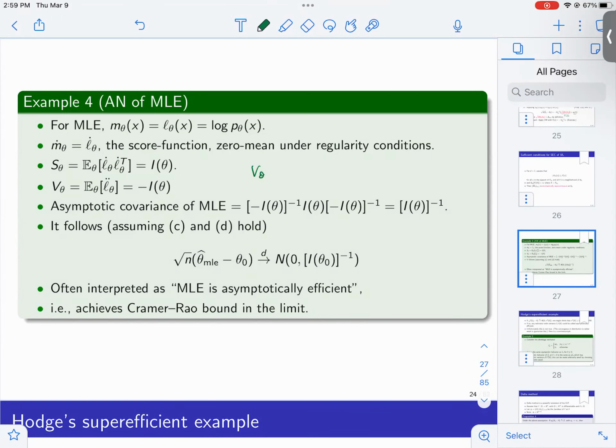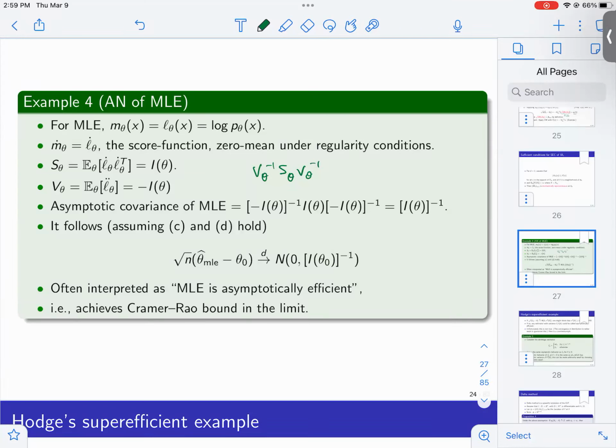I'm going to drop the theta naught; theta is just the true parameter. If you plug in these quantities, basically all of them are I theta or negative I theta, so you get a triple product of I theta. Two of them cancel, and one remains, which is I theta inverse. So the MLE is asymptotically normal under those conditions with asymptotic variance the inverse of the Fisher information.